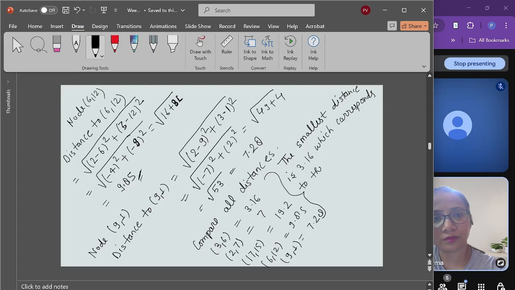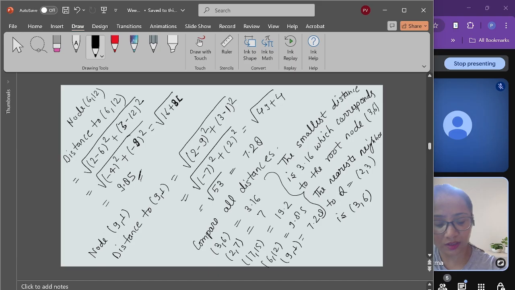So this is the nearest neighbor to the query feature vector, that is, Q23 is the root node, that is 3, 6.